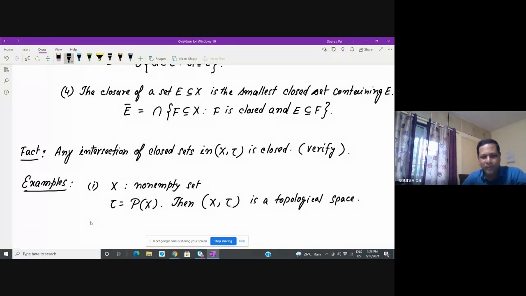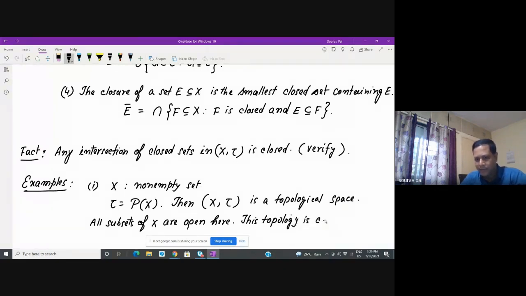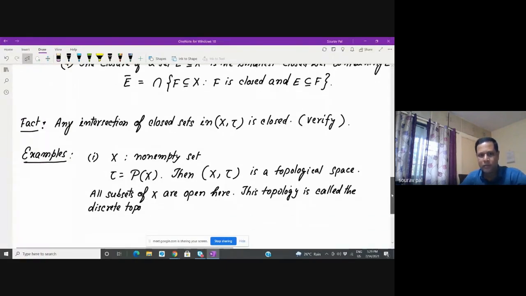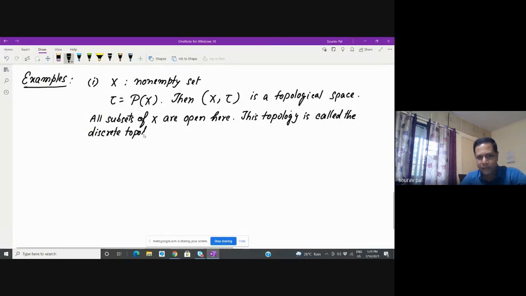So all subsets of X are open here. This topology is called the discrete topology on X. So you can form a discrete topology on any non-empty set.